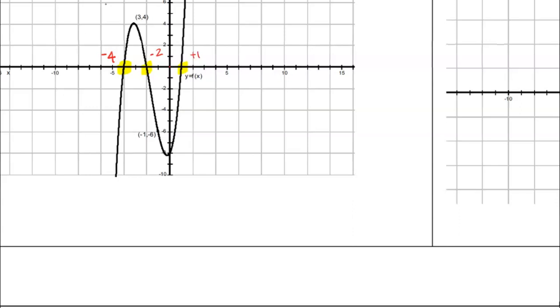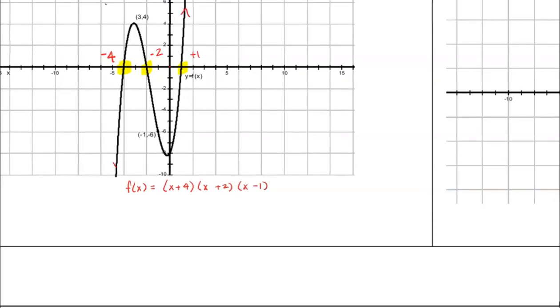And it looks like they just pass through. So f of x equals x plus 4, and x plus 2 and x minus 1.